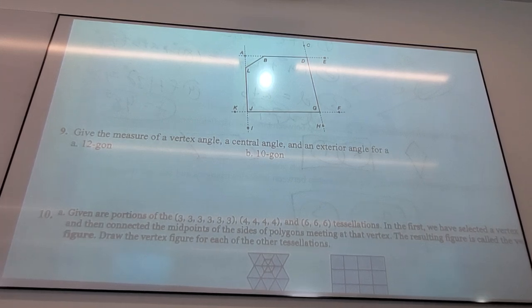And the formulas are for regular polygons. Is number 8 a regular polygon? Can somebody remind me what a regular polygon is? All sides and interior angles are congruent, yes.